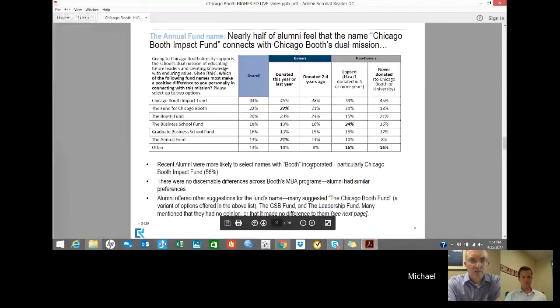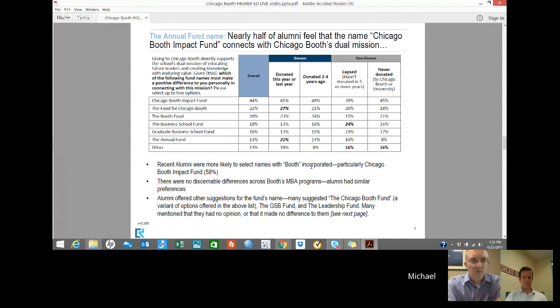Here we get more specifically into the annual fund name and the potential name change. We asked which of the following fund names would most make a positive difference to you personally in connecting with this mission. You'll notice that overall, none of them were incredibly high, but the one with the word impact in it, Chicago Booth Impact Fund, had by far the highest.